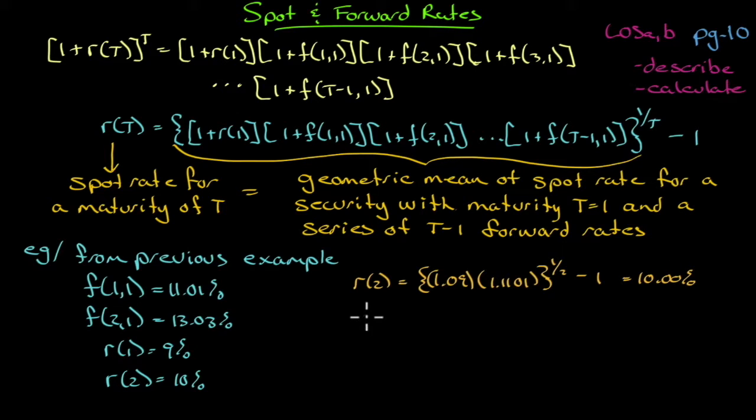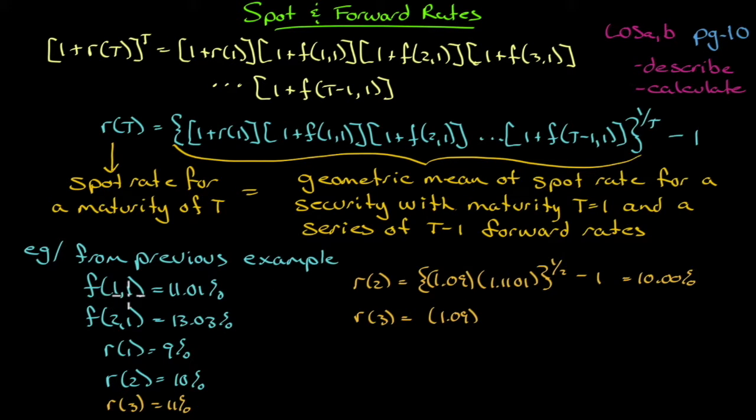You'll recall that we already knew what R3 was. So let's see what we get here with R3. In the examples that we have been using, you'll remember that R3 was 11%. So let's see if we get 11%. We start with the 1-year spot, or the 1 period spot, 1.09.